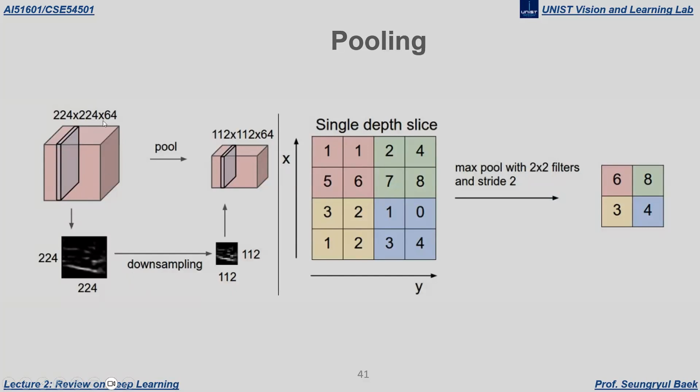Let's say this is the original input having 224 by 224 as the width and height. And let's say they have 64 channels, okay? By applying the pooling operation, you want to somehow reduce their width and height, okay? That's the pooling operation, okay?